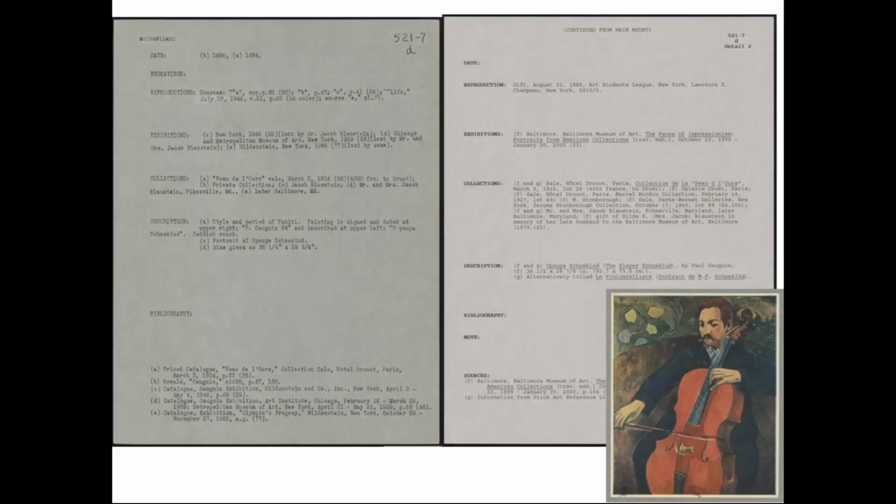As you can see on the back of these analog mounts for the work of art, the original mount is on the left, and it only has 3 examples of the provenance: the 1914 sale, Jacob Blaustein, and a private collection before that.